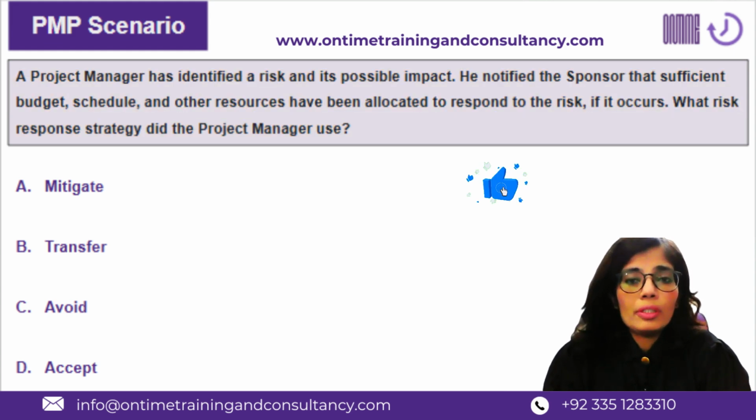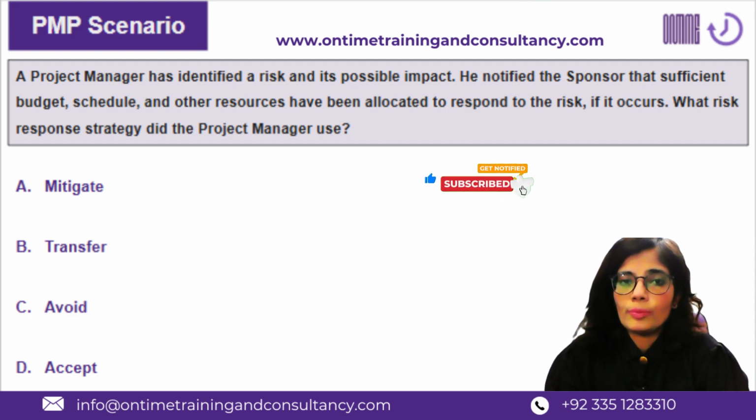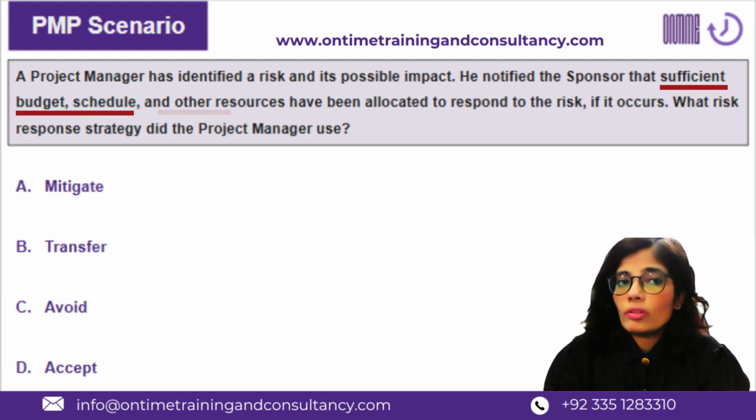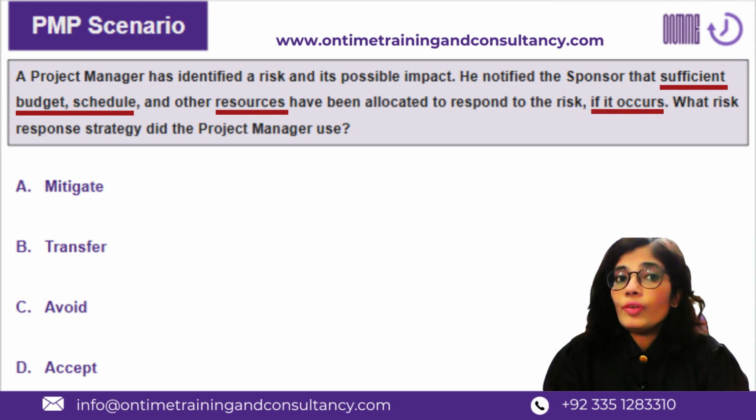Before I start the explanation, do let us know which option you guessed for this question. Okay, so the important terminologies: sufficient budget, schedule, and resources have been allocated to a risk if it occurs.